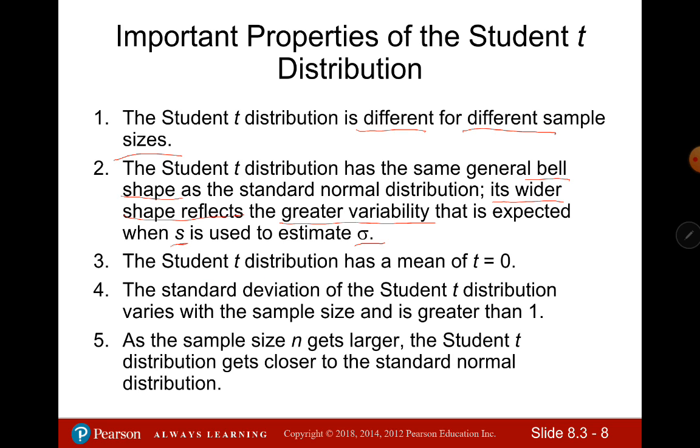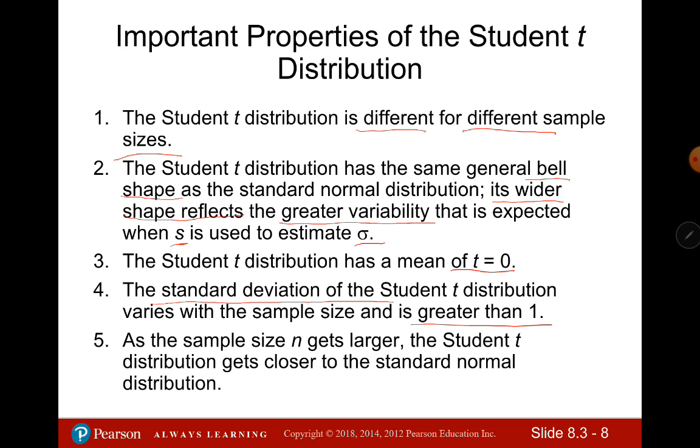Okay, so the mean of the t-distribution, just like the z-distribution, is equal to 0. No matter t-distribution or z-distribution, the mean is the same, 0. But the standard deviation of the t-distribution is greater than 1. Remember, for the z-distribution, the standard normal distribution, the standard deviation is equal to 1.